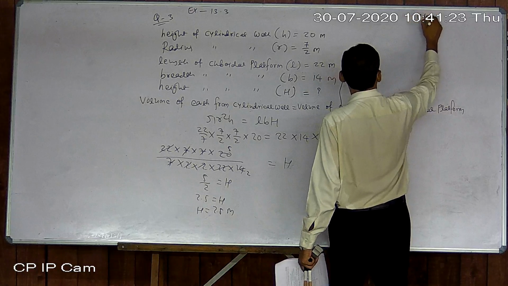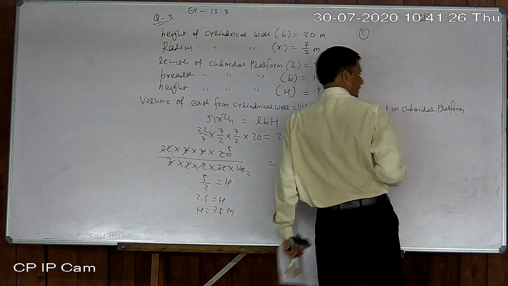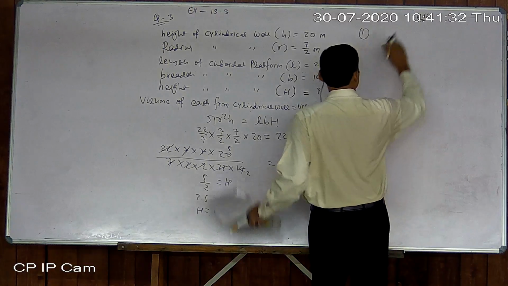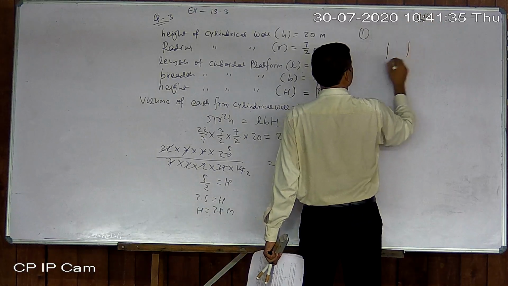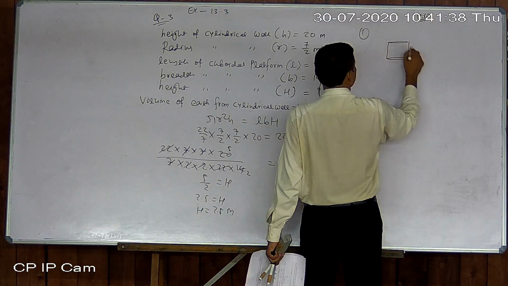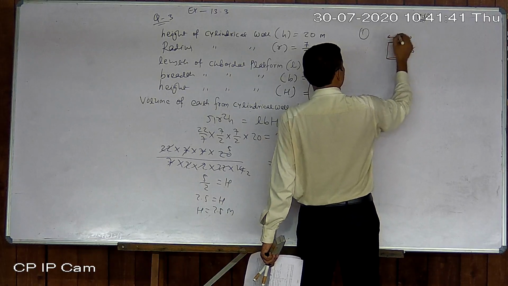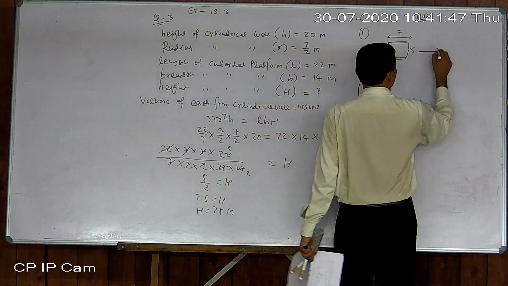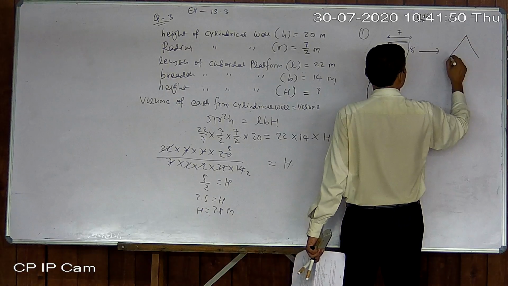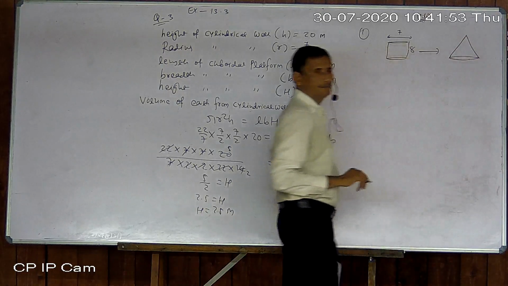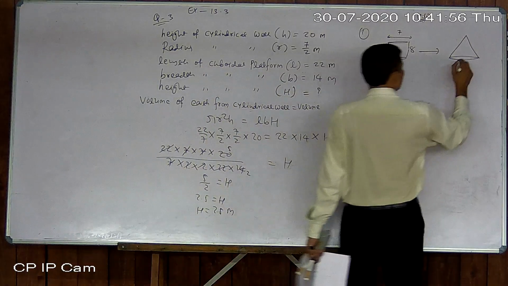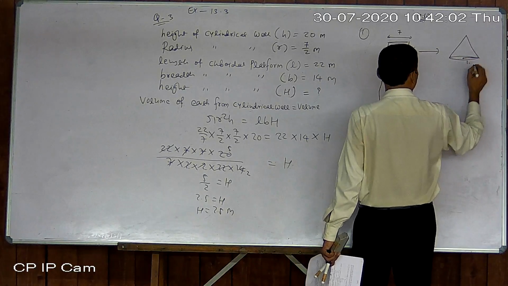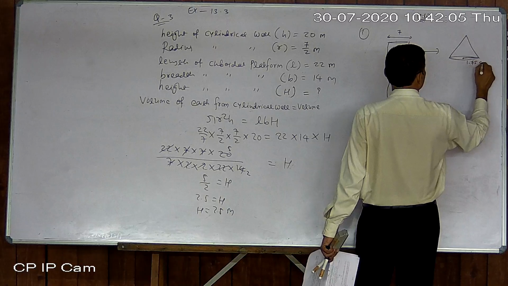Now homework. One sum by figure only I am giving to you. A cylinder of height 8 and diameter 7, not radius 7, is melted and formed into a cone of 1.75 centimeter radius.